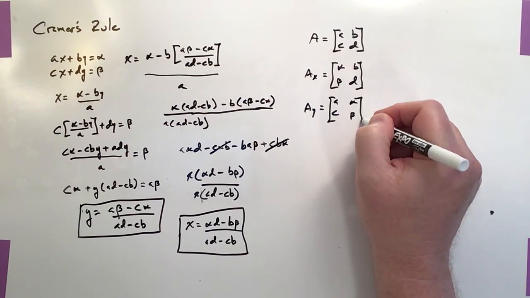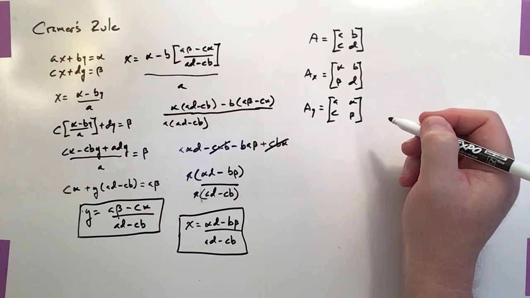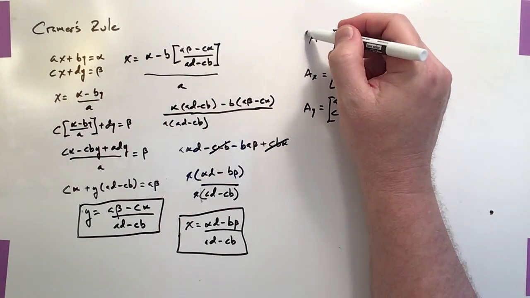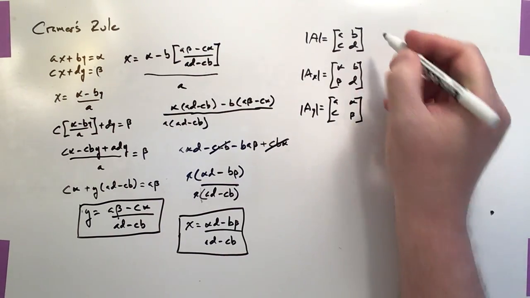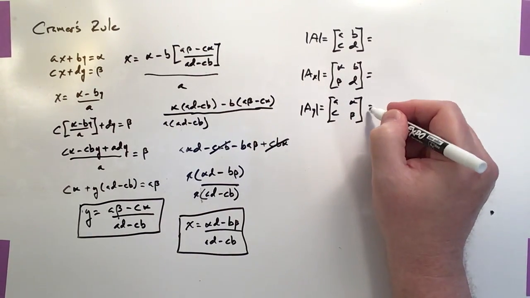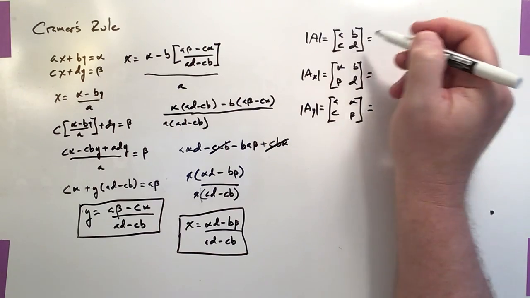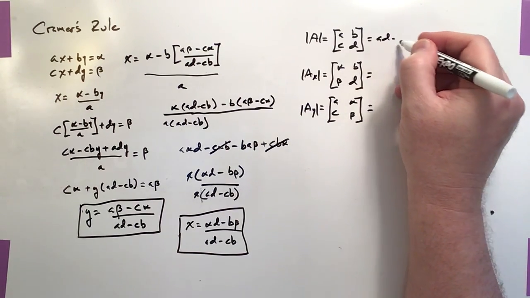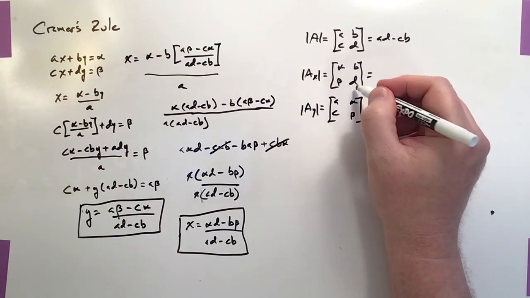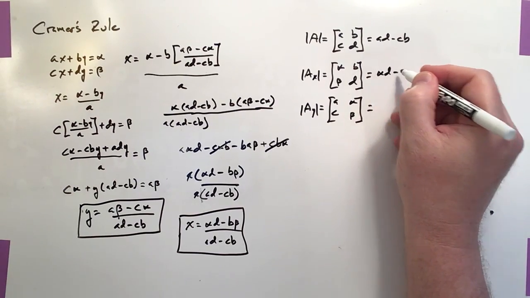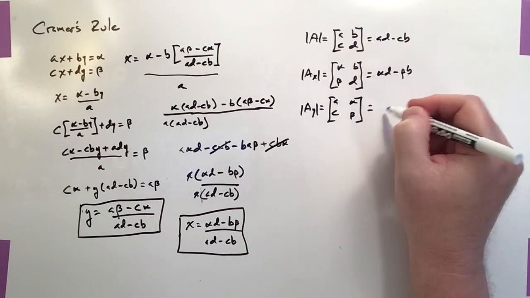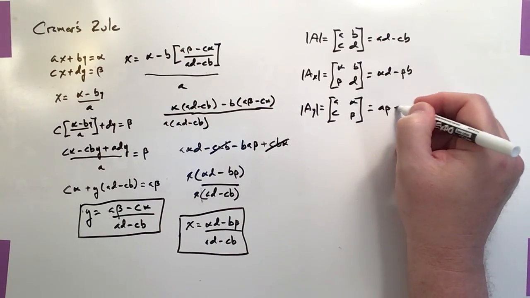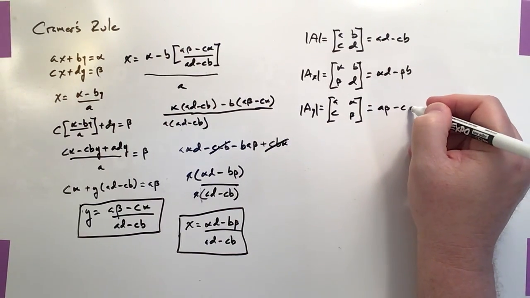And then what Cramer's rule asks us to do is evaluate the determinant of these. So that's what we want. I'm going to go ahead and say the determinant of these is then going to be equal to, well, in this case, it's AD minus CB. In this case, it's alpha D minus beta B. And in this case, it's going to be A beta minus C alpha.